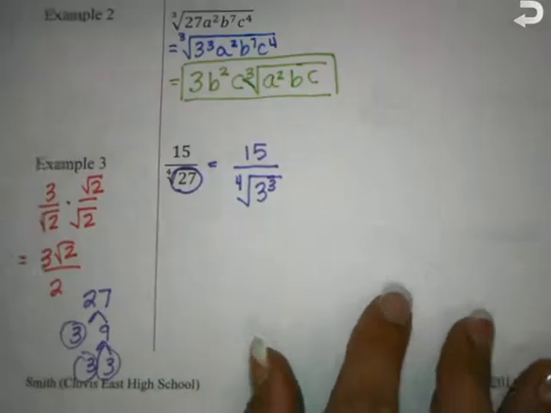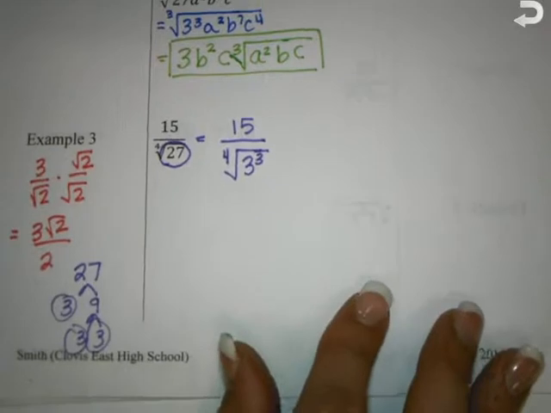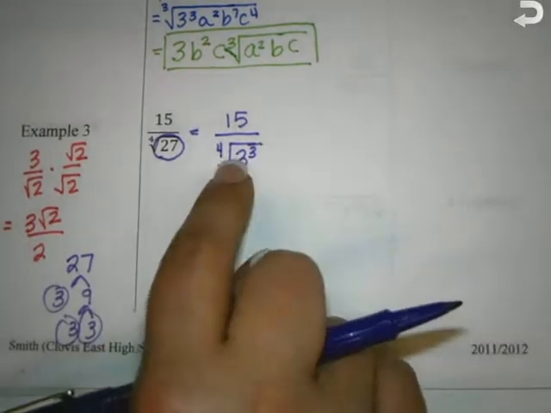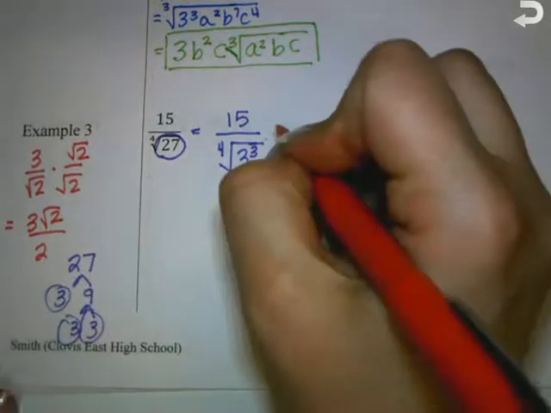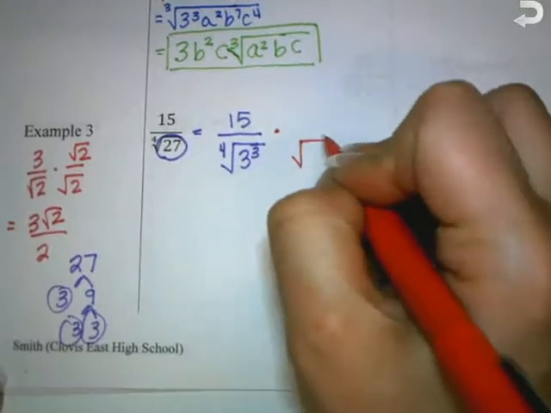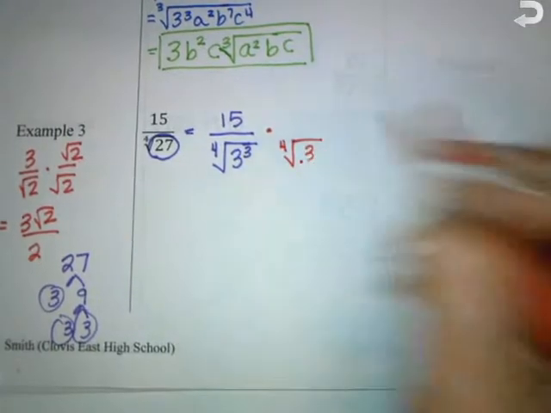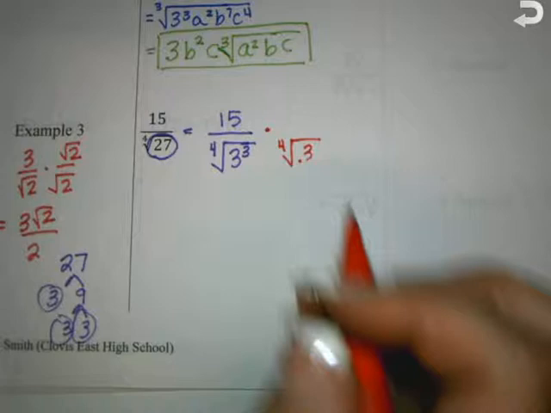Now, how many 3s am I away from getting 4? Just 1. So I can multiply this guy by the 4th root of 3. What would happen then? Let's look.